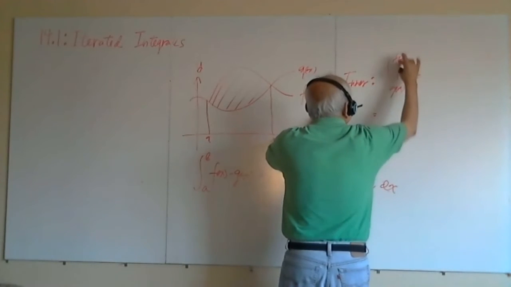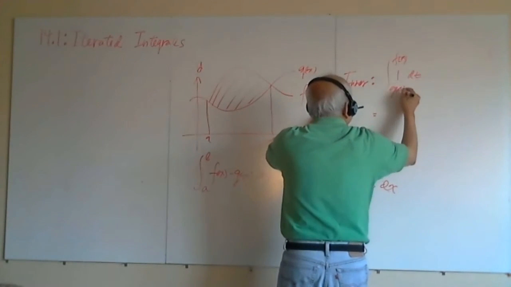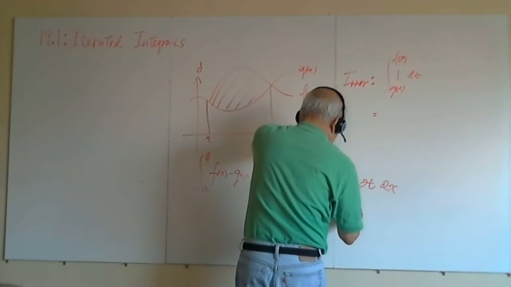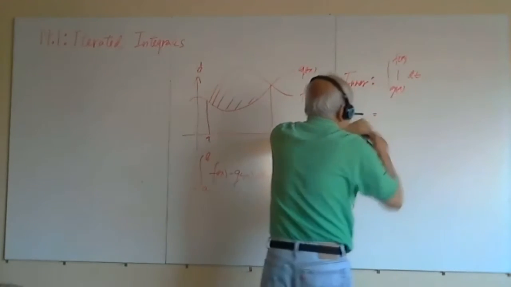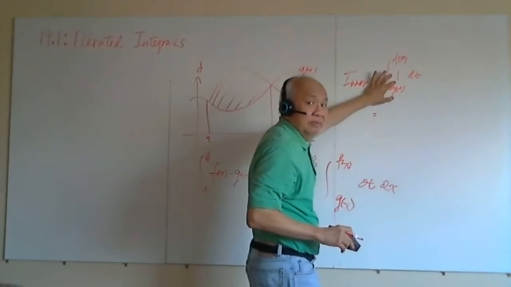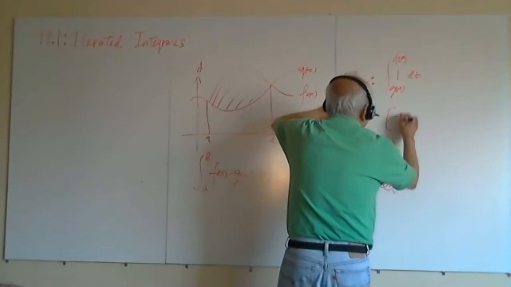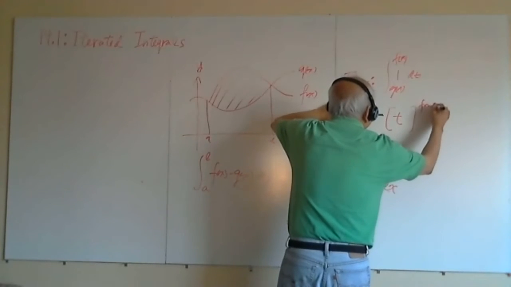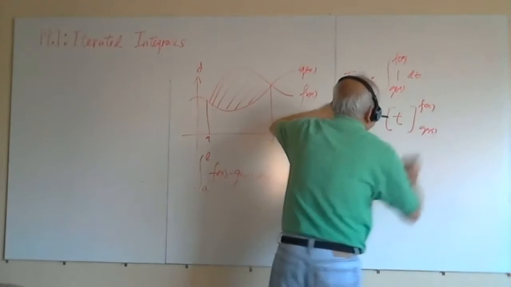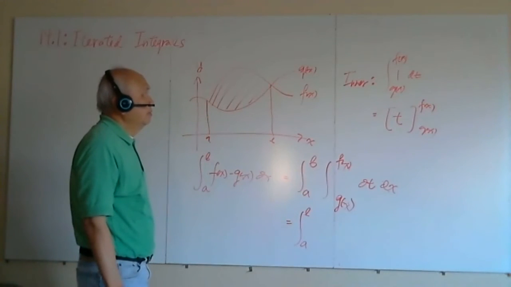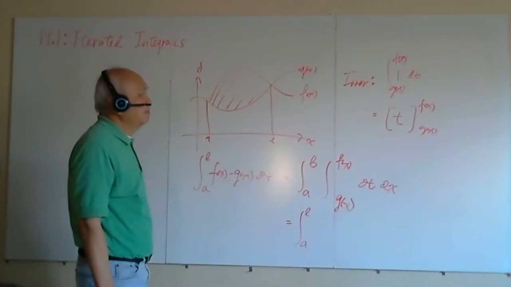Yes or no? Everybody okay? This one is actually 1. So if you integrate 1 here, you end up having t evaluated from G(x) to F(x). Does it make sense to you or not?